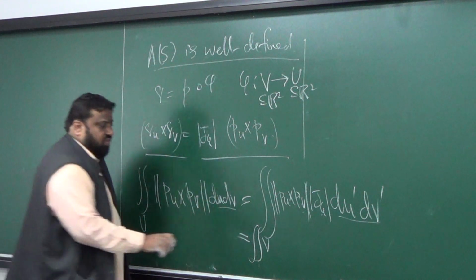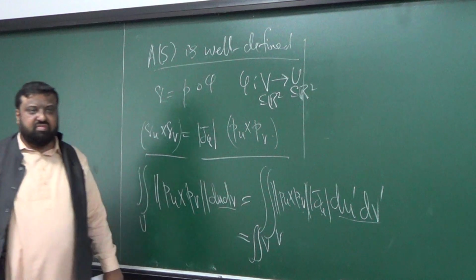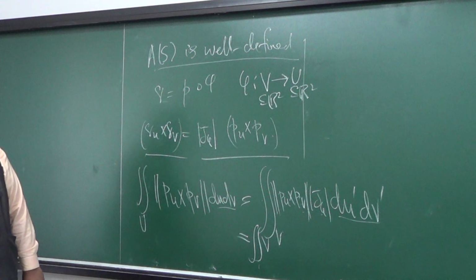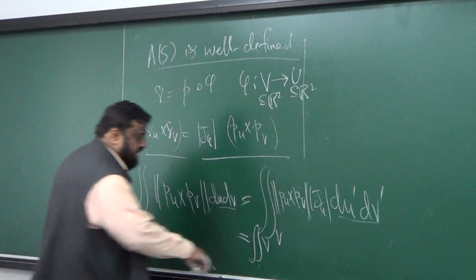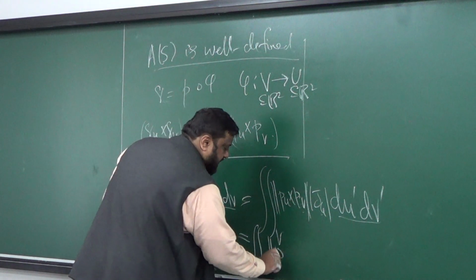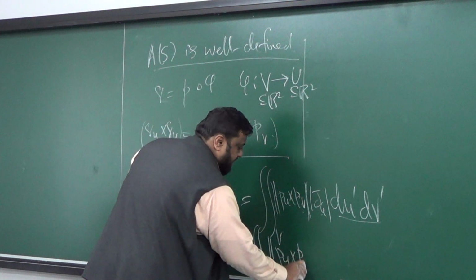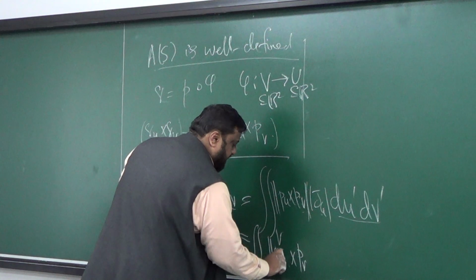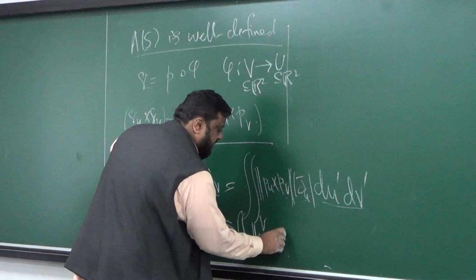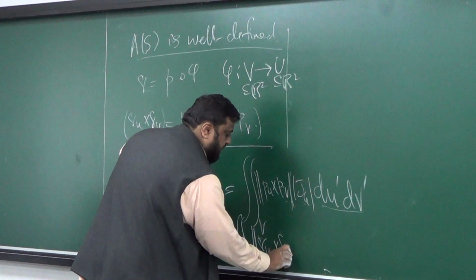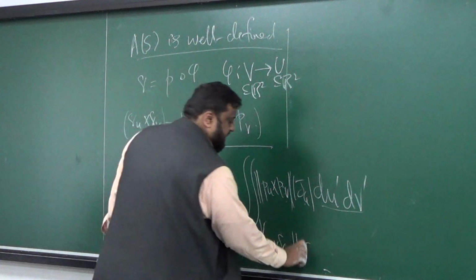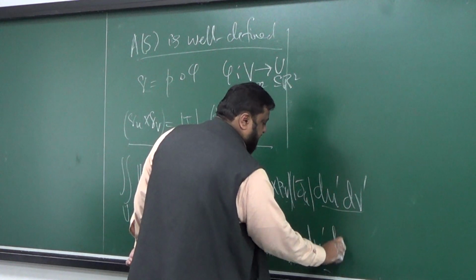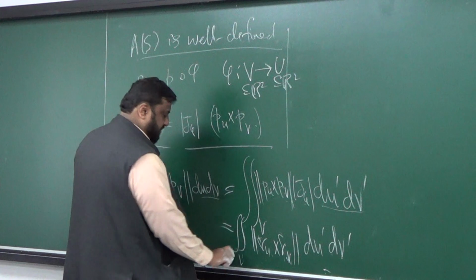So now you have this integral over v, and this will turn out to be pu cross qu cross qv prime and dv prime over v.